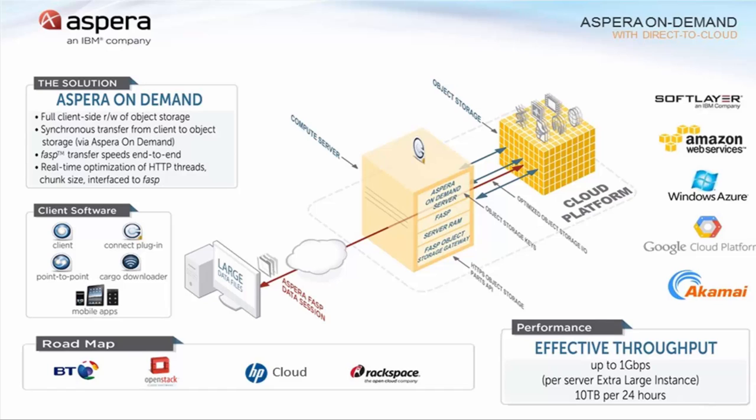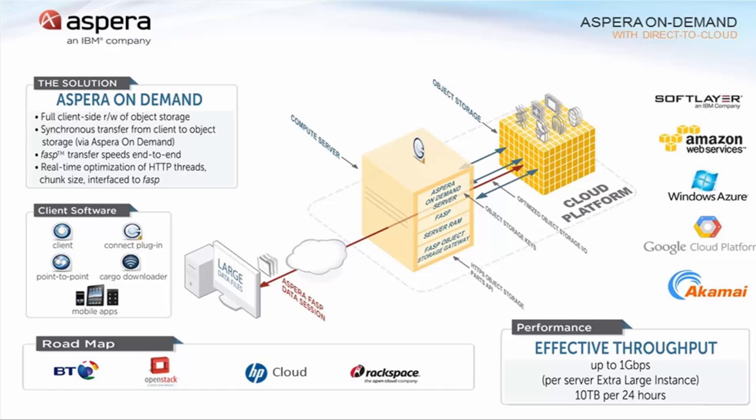Yes, we're owned by IBM, so obviously we want everybody on SoftLayer. If you choose not to be on SoftLayer, that's fine. We support Amazon Web Services, Azure, Google Cloud Platform, Akamai, and Limelight. So Akamai actually uses Aspera when somebody puts content into net storage, and Limelight uses Aspera as well.